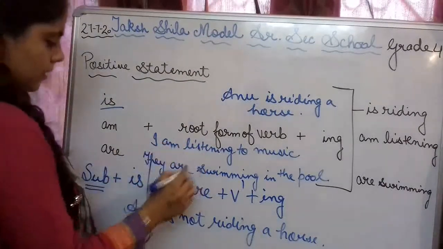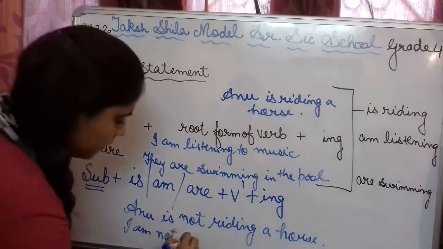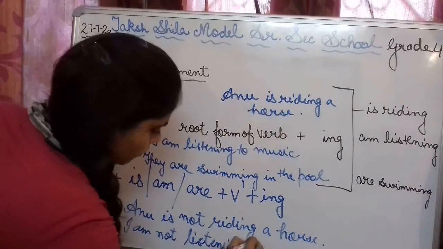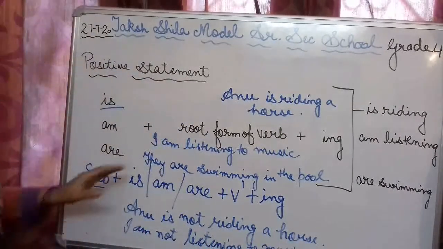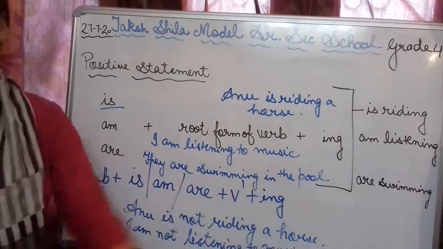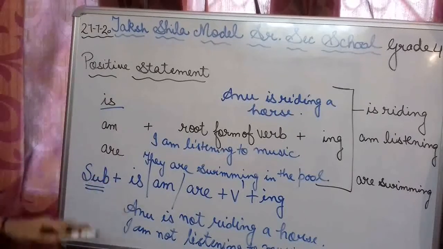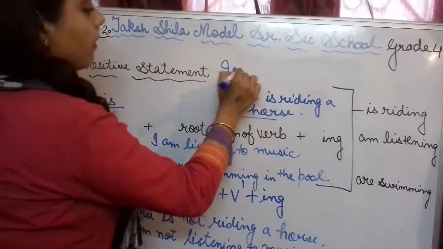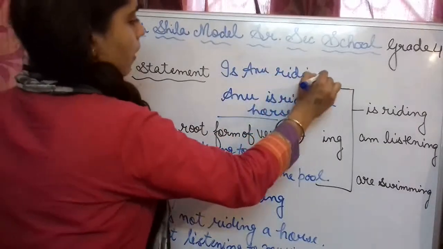I am not listening to music, and they are not swimming in the pool. Clear? So in the same way, if we have to make a question, we will simply write: Is Anu riding a horse?